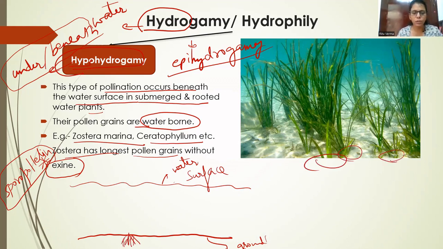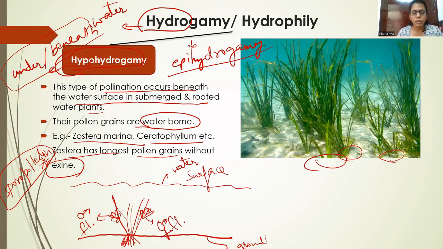The roots are anchored in the soil at the bottom of the sea. For example, this is the male flower, and here you have the female flower.